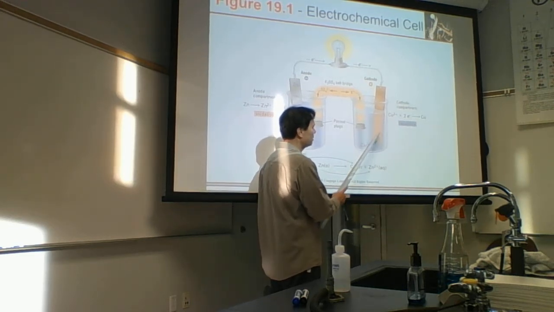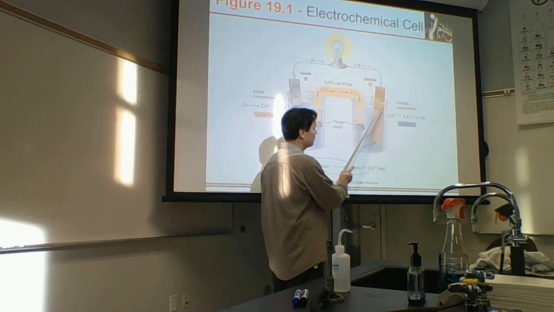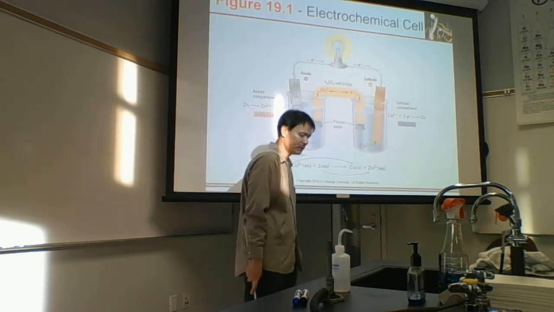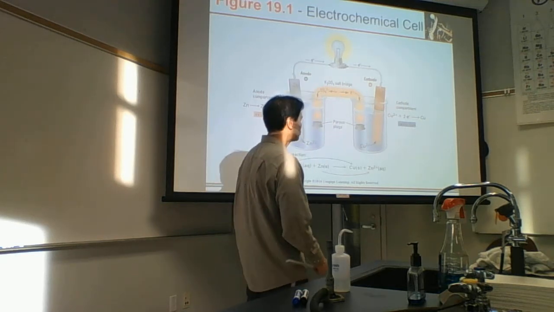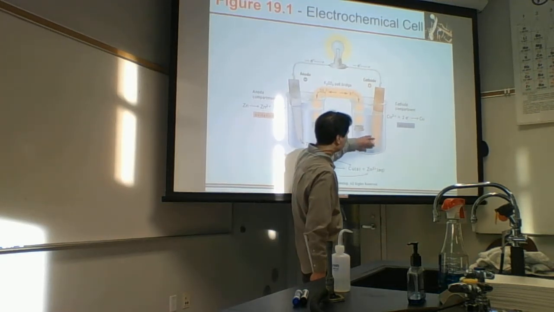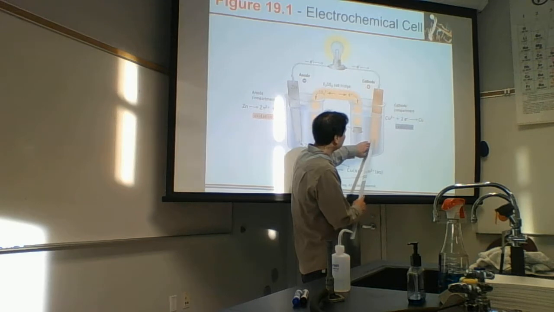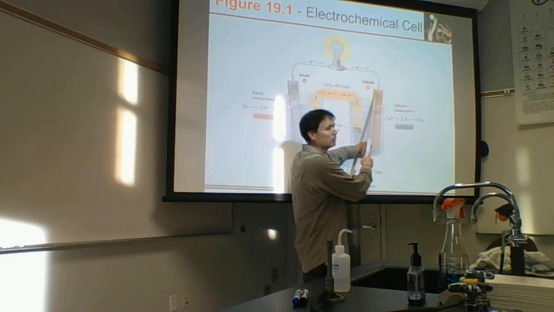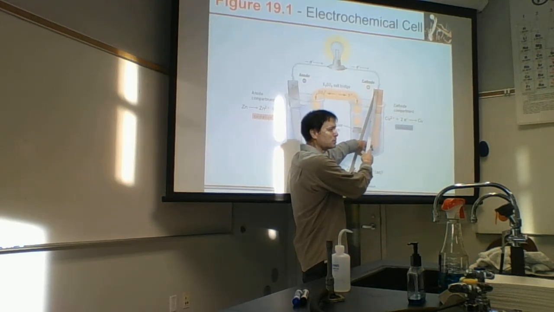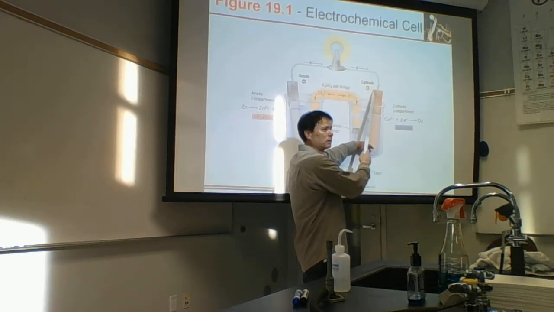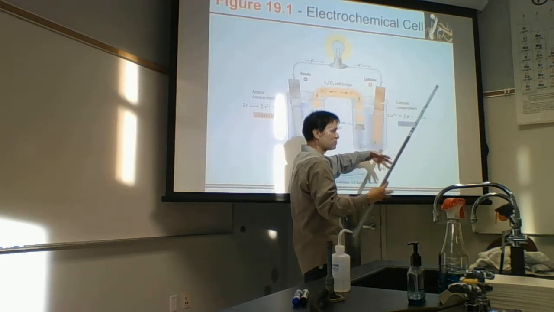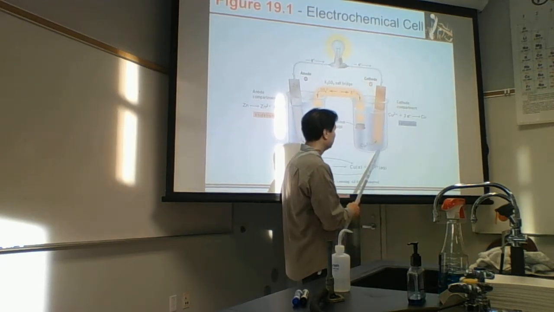But we can take advantage of a property of metals: metals are thought of as a sea of electrons. If copper 2 is trying to pull the electrons from here, it's going to be felt all the way up at the opposite end, because the electrons are all in this vast sea.